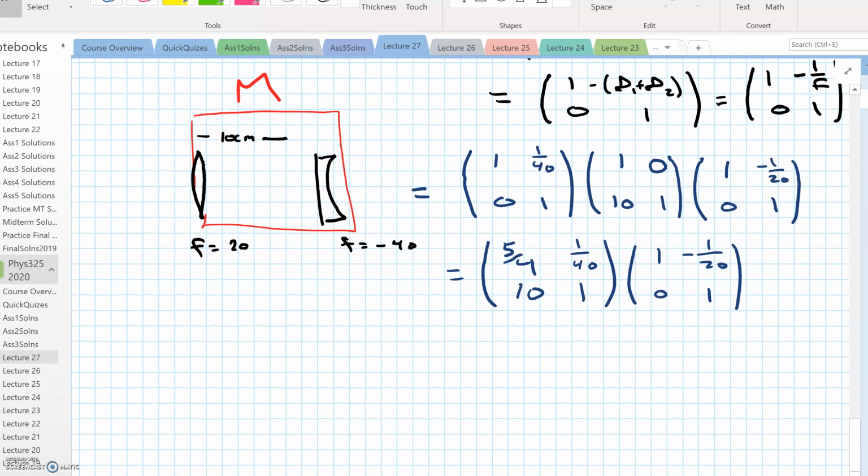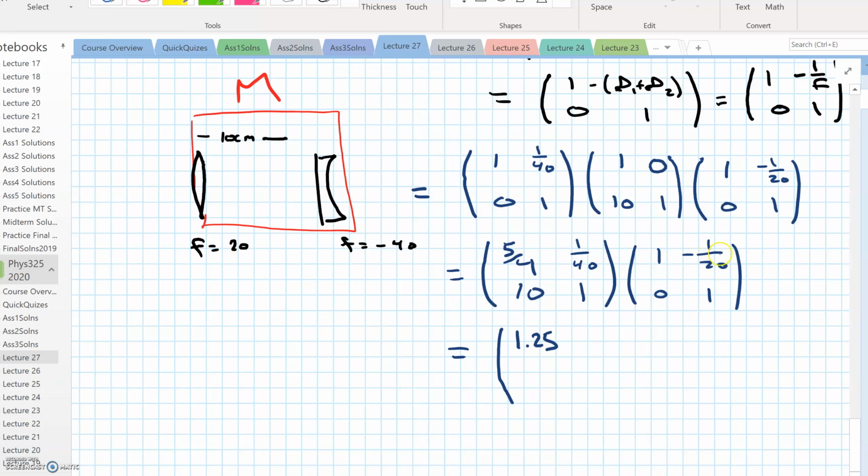I should never make up numbers on the spot. Let's see if we get a total disaster. We're going to get 5/4, that's 1.25, times 0. Here we're going to get 5/4 times negative 20 minus a 40th. Oh, heavens.